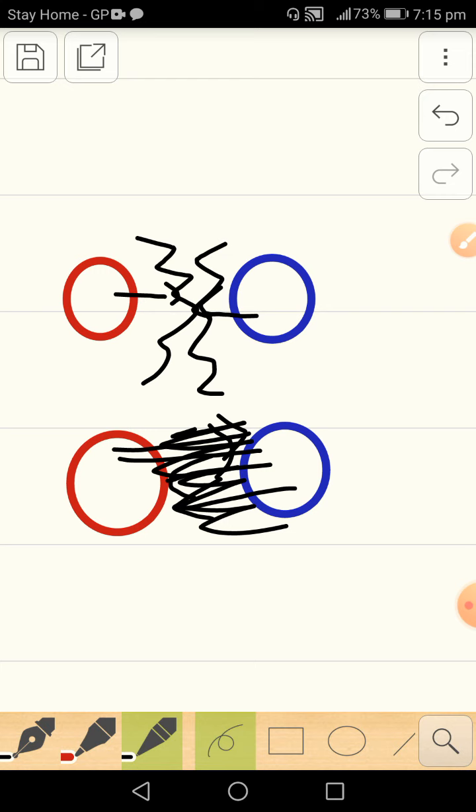Okay, so please write the note from here. When the temperature increases, more particles now have higher kinetic energy, and so both the intensity and the frequency of collision between the particles increase.